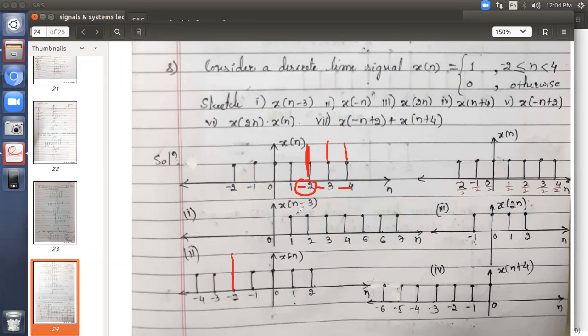It will be like this. At minus 3, you should draw this amplitude complete. Then at minus 4, draw the amplitude 2 here. So whatever amplitude is there on those times, the same amplitude should be maintained. Only the time will vary if you put a negative sign.